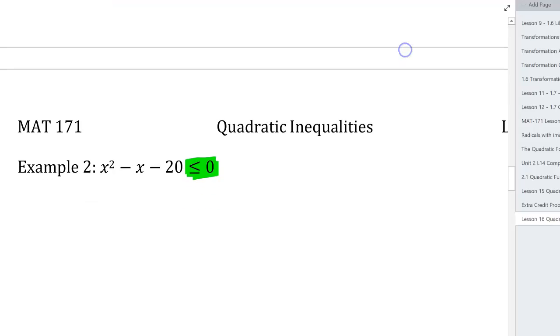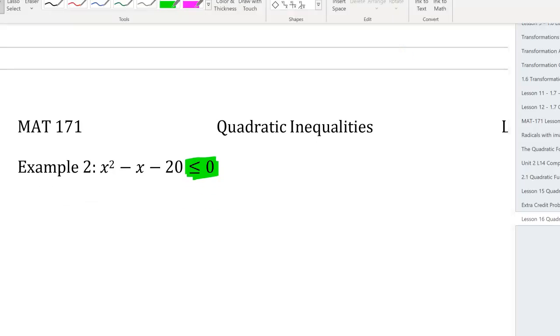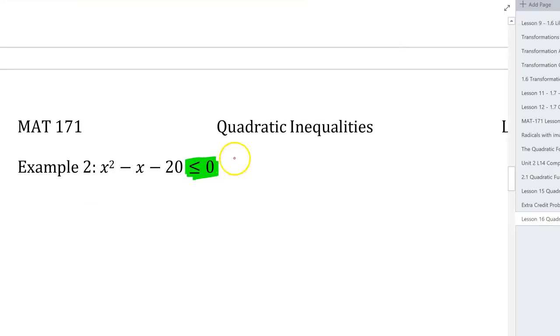So in this case, I'm looking for the values that make the expression negative. And that was from -4 to 5. And because I have the equals to, I would put that in brackets.